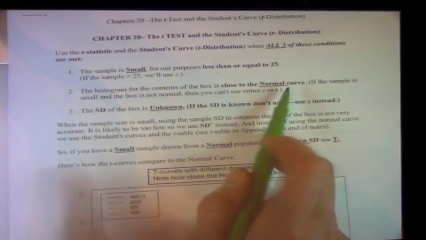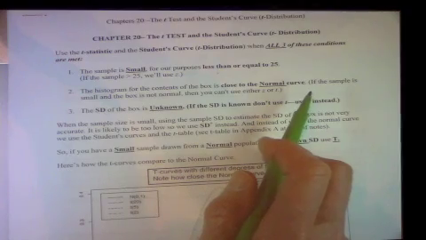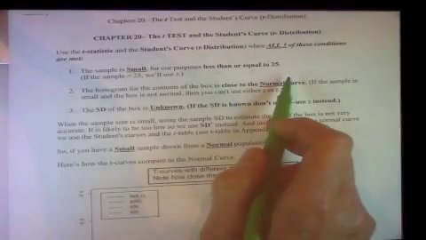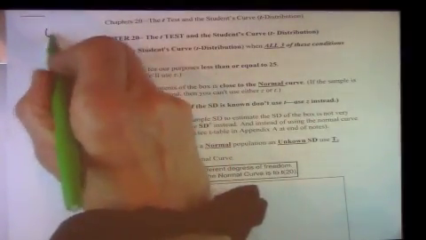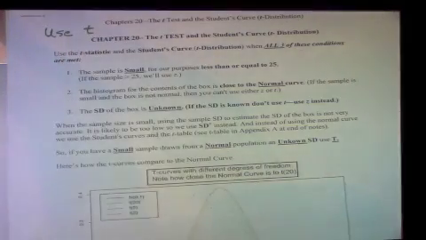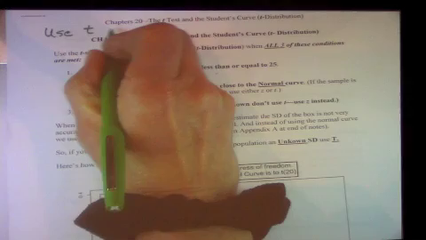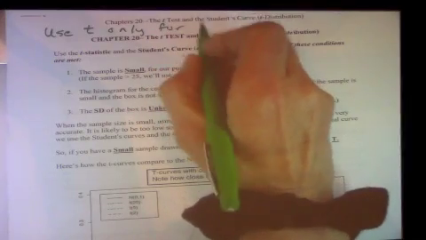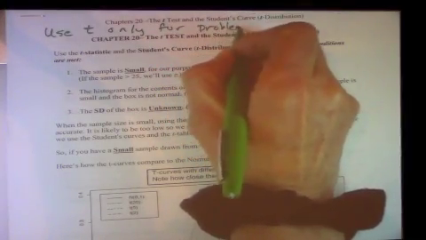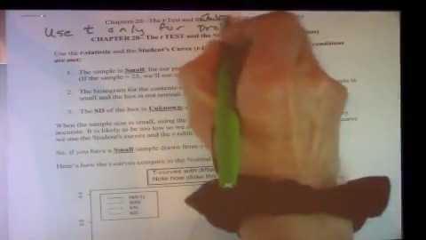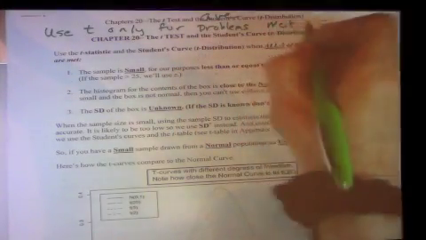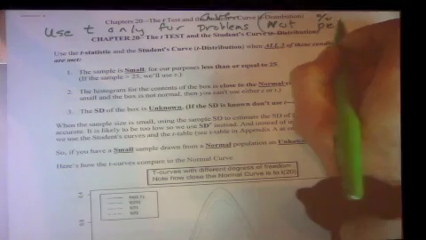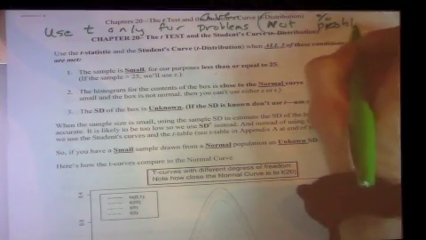And also, we already saw the standard deviation of the sample percent is very close to the standard deviation of the population percent. So we're just going to use this. So why don't we say we'll use t only for average problems, not percent problems, not problems where we're dealing with the percent.